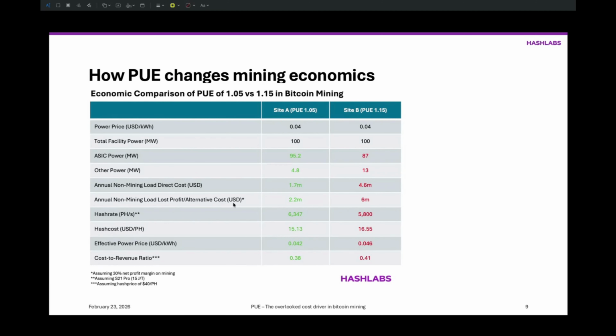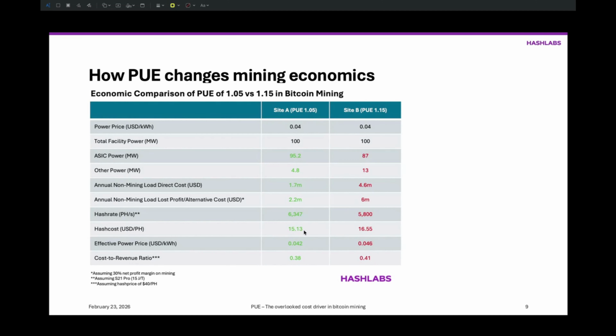I also calculated the lost profit, or alternative cost, of using that power for non-mining activities. That is basically the direct cost plus the lost profit from that. So that is what they lose: 2.2 million, 6 million. And you see here hash rate. Site A produces much more hash rate than site B, about 500 petahash more, because it has more megawatts to use on the mining.